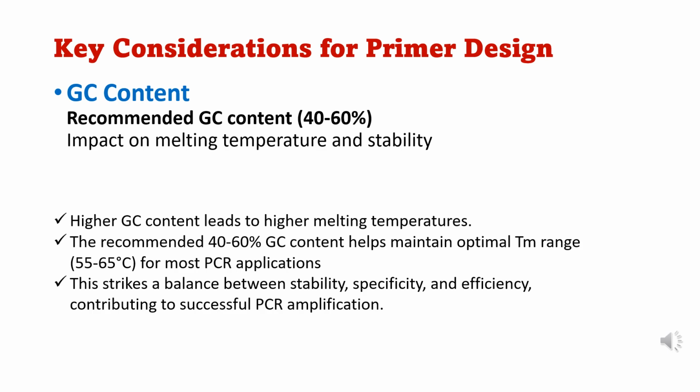Therefore, by adhering to the recommended 40 to 60% GC content, the primer design makes a balance between stability, specificity, and efficiency, which contributes to successful PCR amplification. And this range provides enough strength for primer template binding while avoiding issues associated with extreme GC contents.